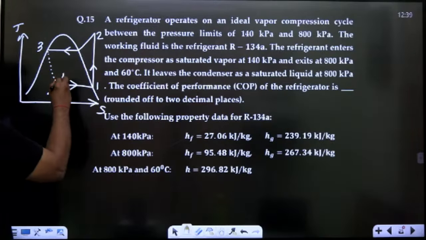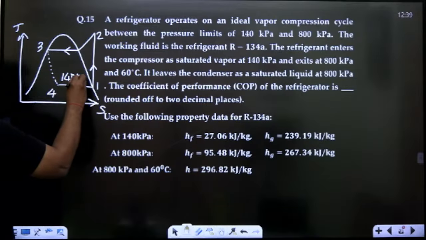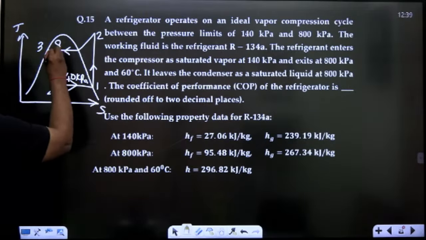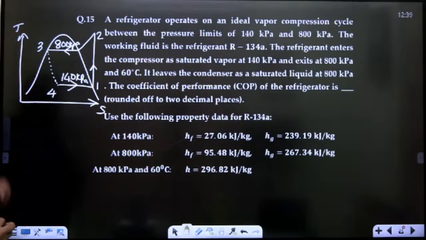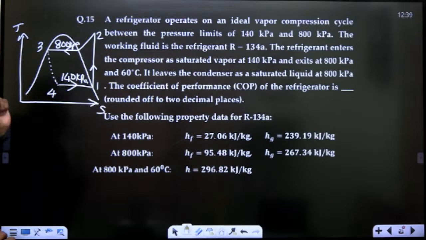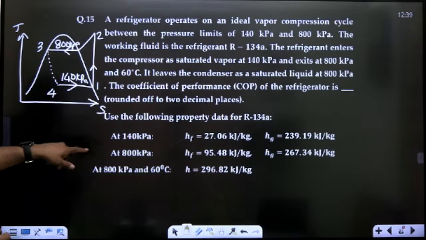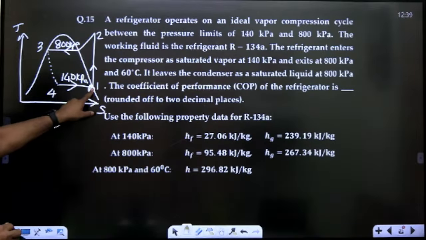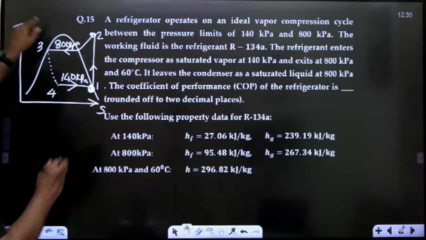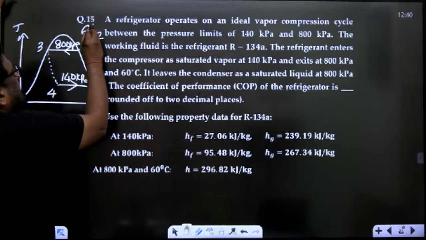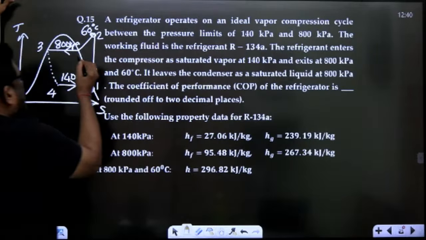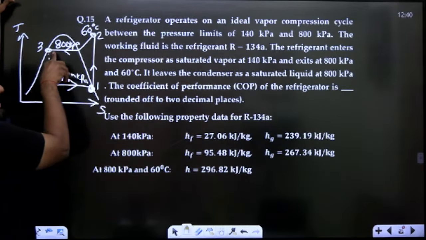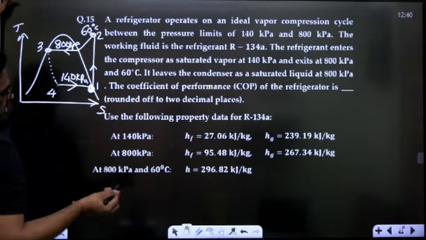The lower pressure is 140 kilopascal and the higher pressure is 800 kilopascal. The working fluid is refrigerant. The refrigerant enters the compressor as saturated vapor at 140, meaning it is entering as saturated vapor, and exits at 800. Here the temperature is also given: 60 degrees centigrade at compressor exit. It leaves the condenser as saturated liquid. Yes, it is leaving the condenser as saturated liquid. The question is such a simple question.